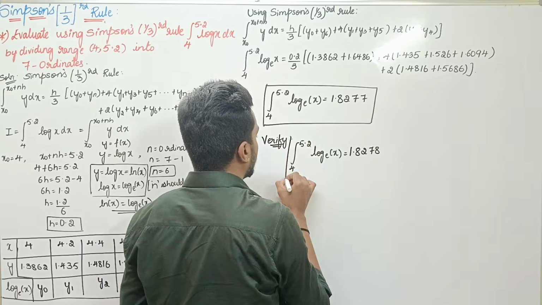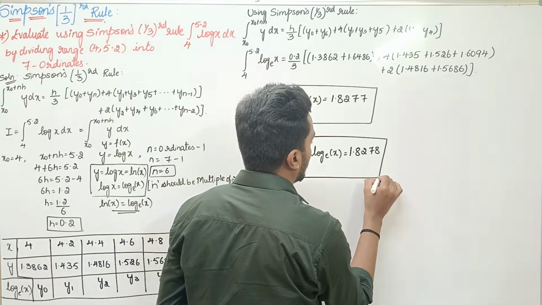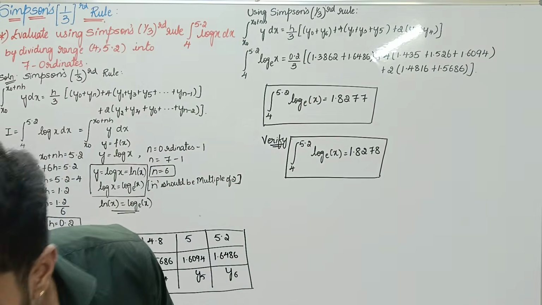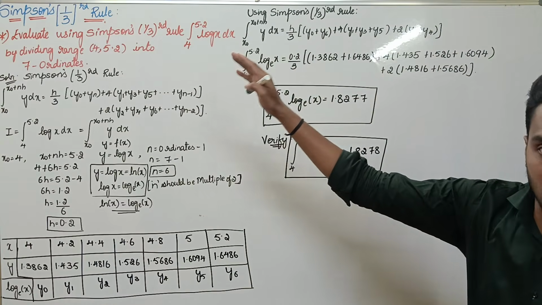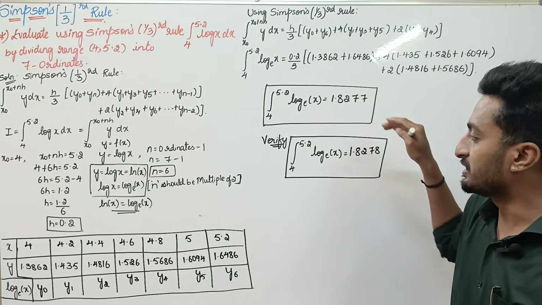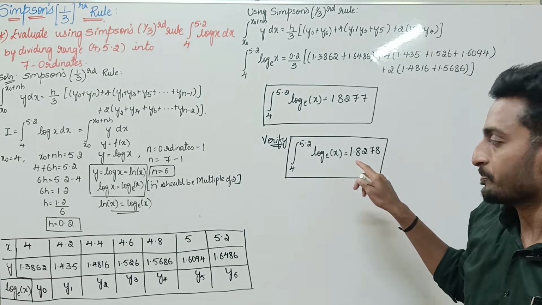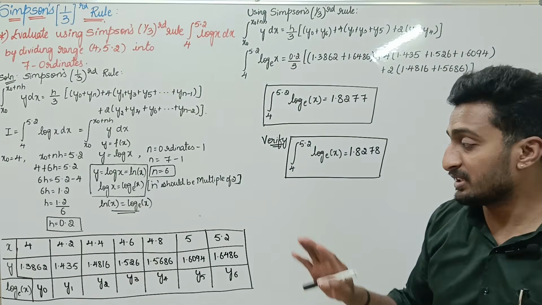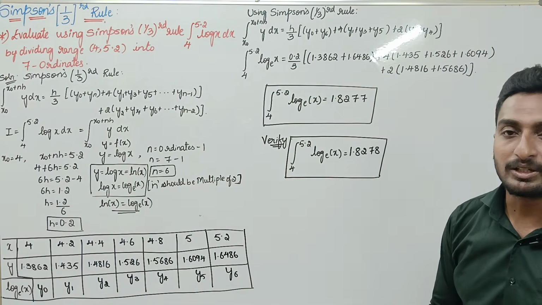This is the approximate, and you can conclude it as also the exact value. See, this is the value when we simplified using Simpson's 1 by 3rd rule, but this is the value after integrating log base e of x, that is 1.8278. This is almost similar: 1.8277 and 1.8278.